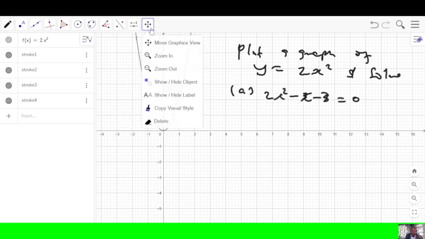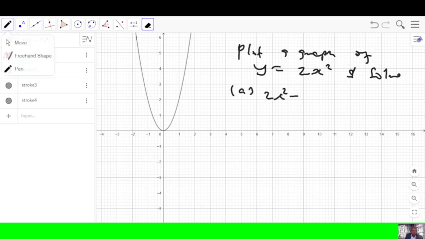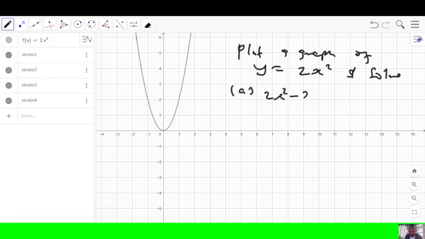Maybe this is not clear. Let me just rub it. We want to solve 2x squared minus x minus 3 equals 0.